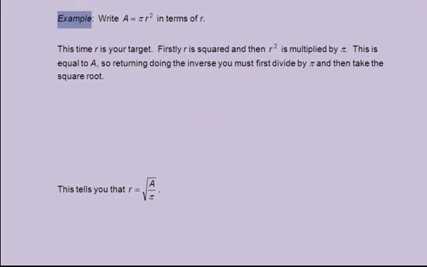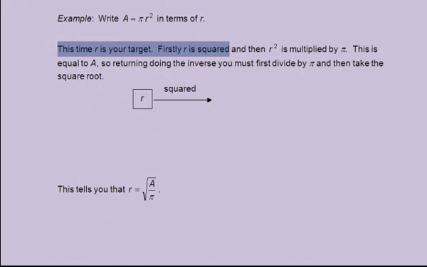Example. Write A equals pi r squared in terms of r. This time, r is your target. Firstly, r is squared to give r squared. And then r squared is multiplied by pi to give pi r squared.